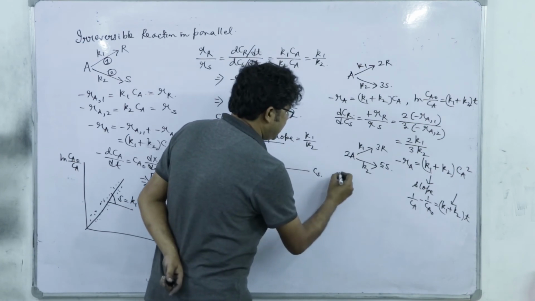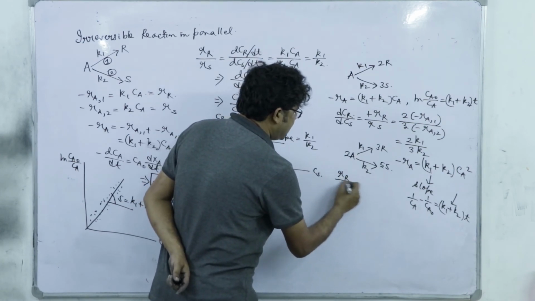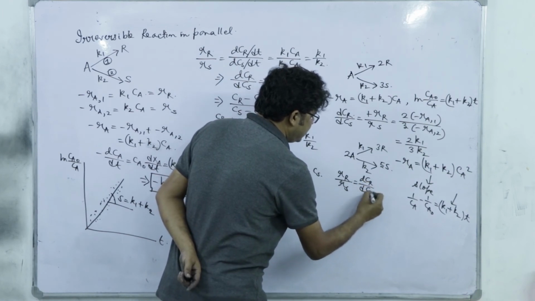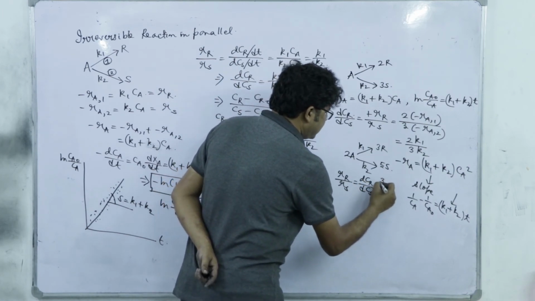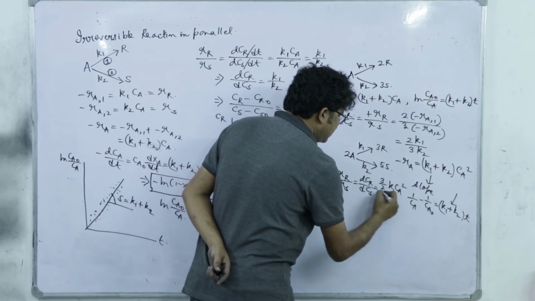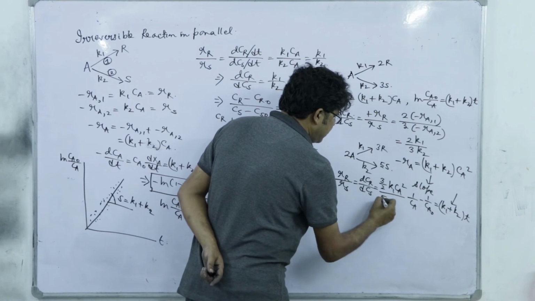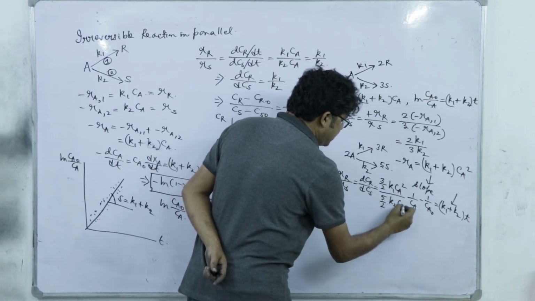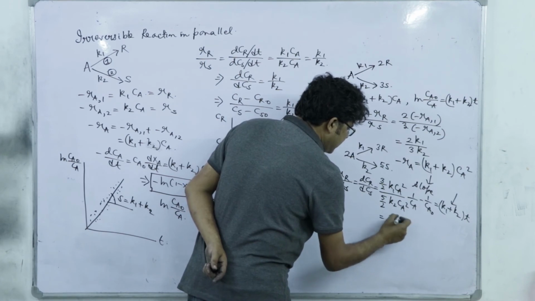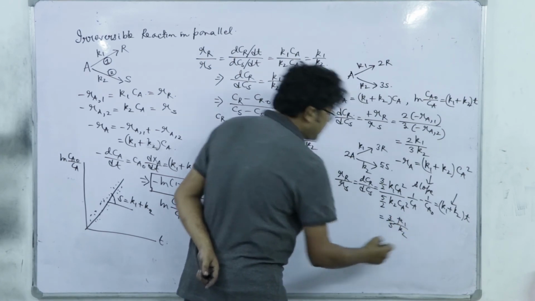And alternatively, you see that rR by rS is equal to dCR by dCS, equal to 3 by 2 K1 CA square, and here 5 by 2 K2 CA square. So it is 3 by 5 K1 by K2.